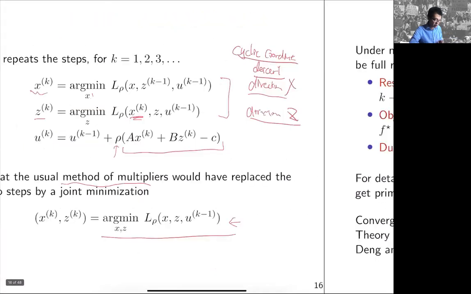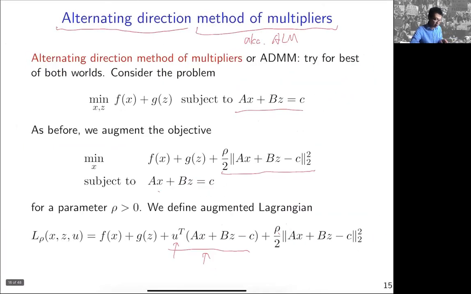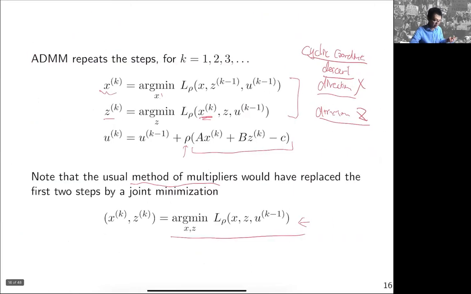Specifically, ADMM solves problems where you have two objective functions, f(x) and g(x), and you can split it by introducing a dummy variable z, so that you have two functions over different coordinates that you minimize, subject to an additional constraint. This is the form that ADMM optimizes, and the way it optimizes is very simple.